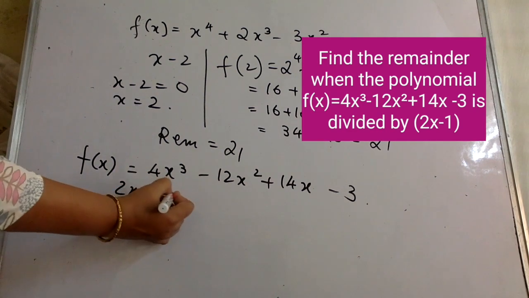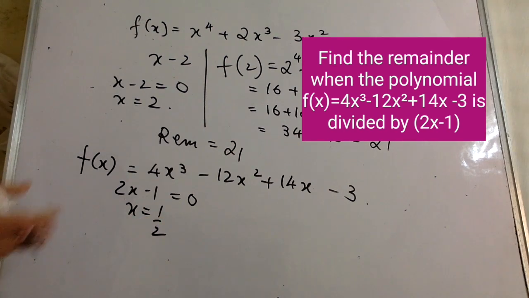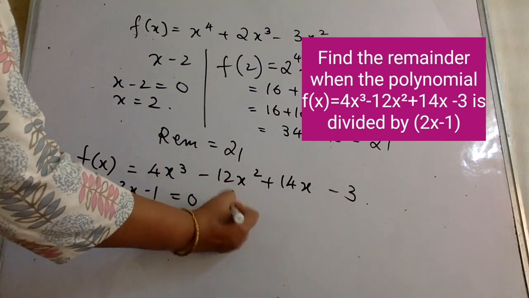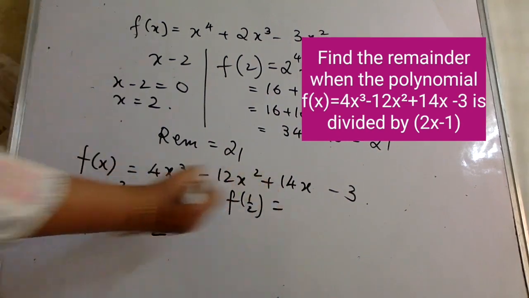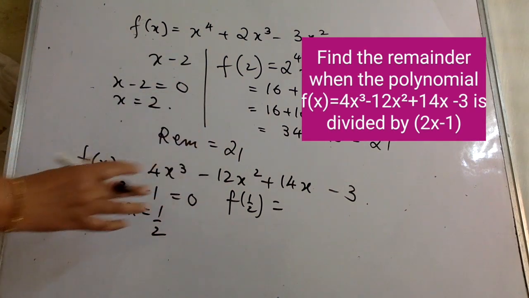So what we do, we equate it to 0, x becomes a half. Now we are going to substitute that. So we are finding f(half), isn't it? So what do we write then? We have to be very careful, this time it's a fraction.